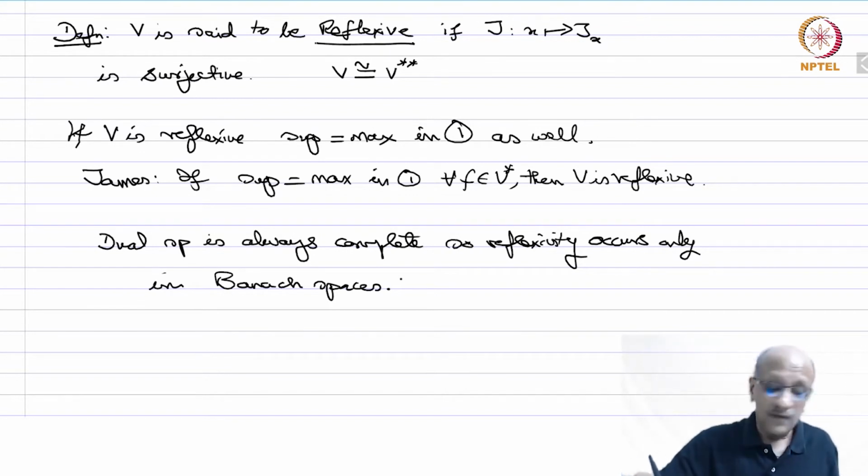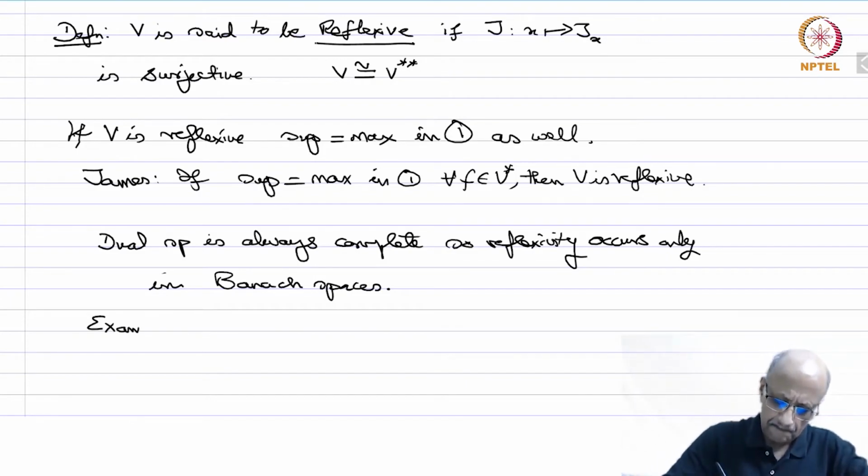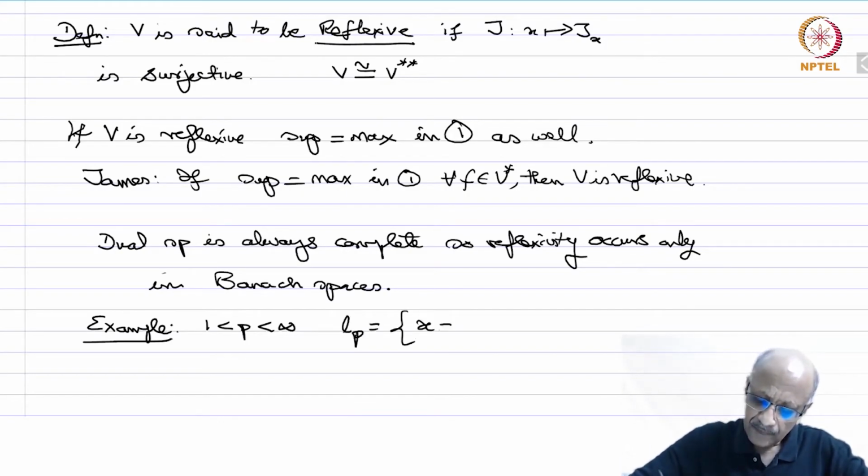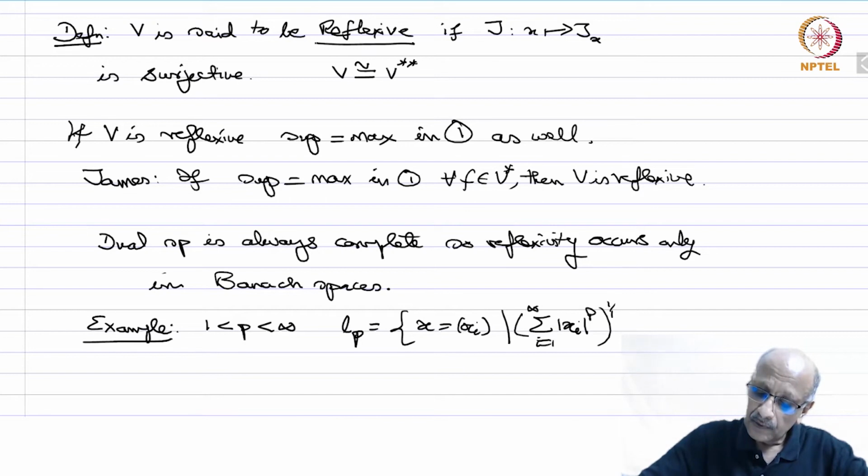So now let us give an example of a reflexive space. Example: let 1 less than p less than infinity, and then you look at little lp, which is the set of all x which are sequences xi, such that the sum of mod xi power p, whole power 1 by p, is finite.